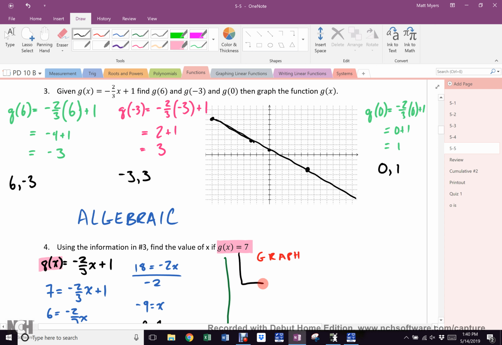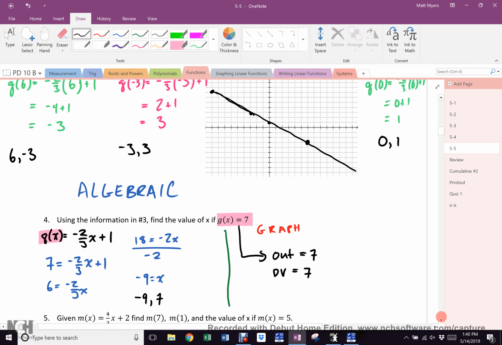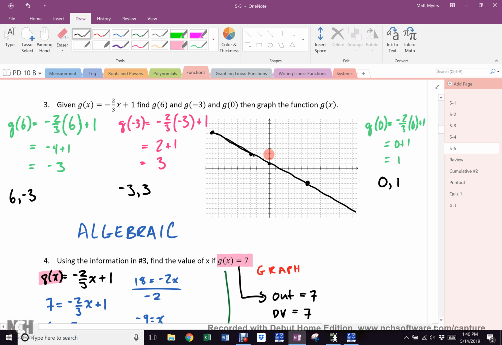Is this an input or an output value? My output equals 7. On a graph, my output is my dv equals 7. And on a graph of numbers, my dv is what? It's the y, right? So I would go up to 7. 1, 2, 3, 4, 5, 6, 7.